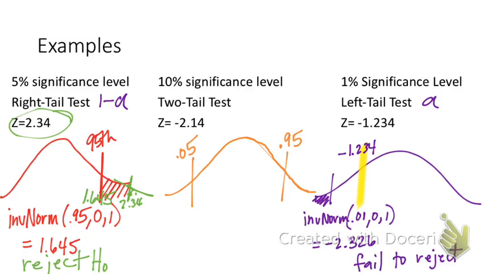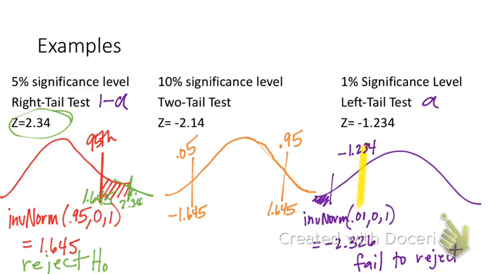I need the 5th percentile and the 95th. We already know that the 95th is 1.645, because we just did it. Just so happens that the 5th percentile is negative 1.645. So they're opposite signs of each other.